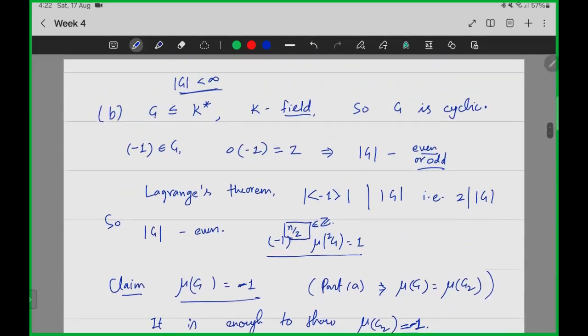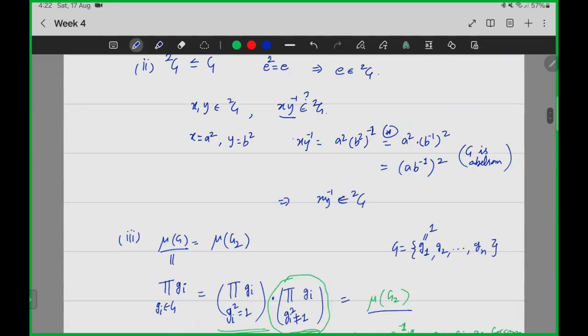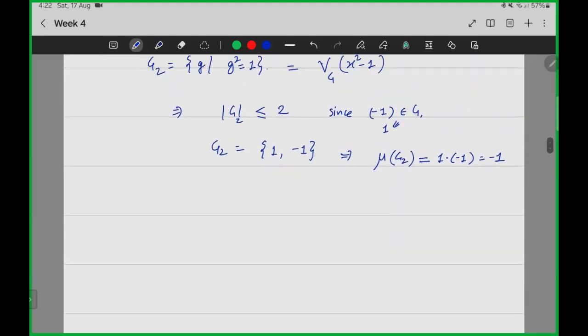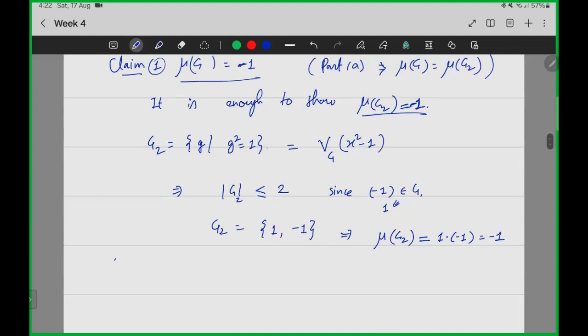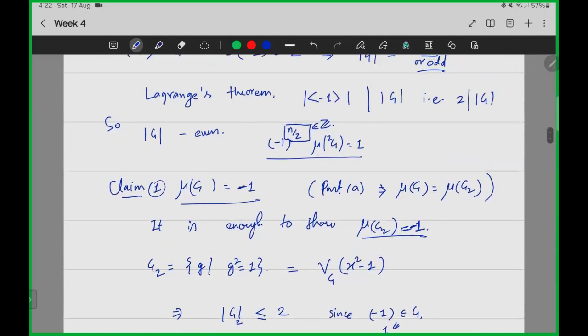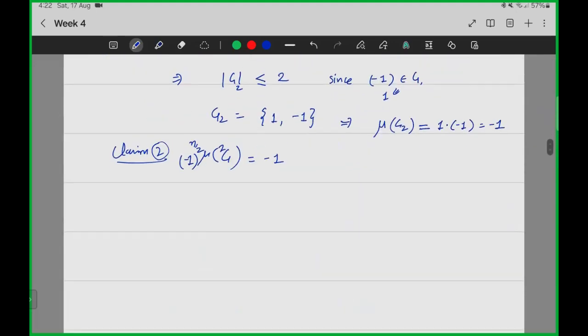Okay, so what next do we have to show? That -1 is also equal to this. The next claim is that mu of 2g, minus 1 to the power n by 2, is also -1. Now what can we say about 2g?